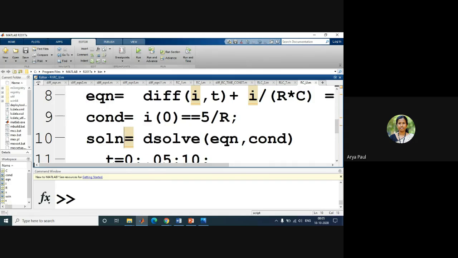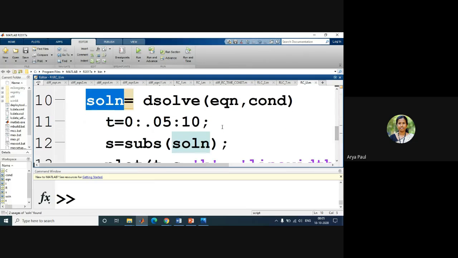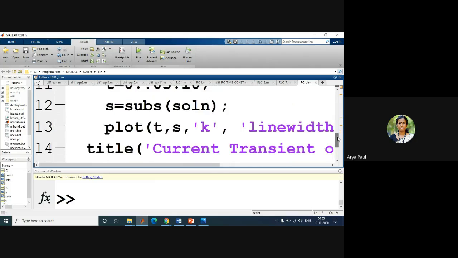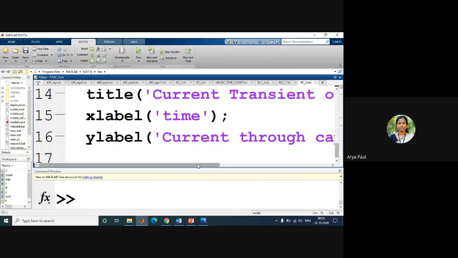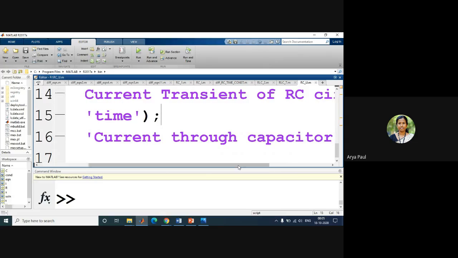Using dsolve, you can find the solution. Now you are varying the time t from 0 to 10. Using subs, you are converting the solution and now we are plotting t comma s. Now give the title, current transient of an RC circuit, xlabel time t, then ylabel current through the capacitor.